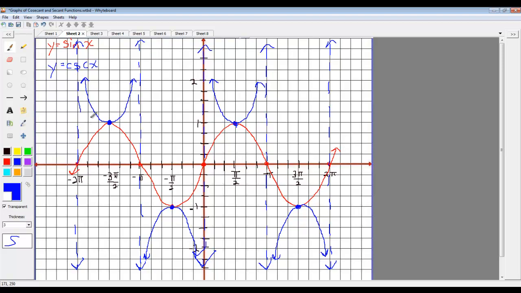The range, the y values, go anywhere from negative infinity up to negative 1, including negative 1, and from positive 1 up to infinity. They don't include the values between negative 1 and 1 for the range. But there's your cosecant graph. So as long as you've plotted some key points from your sine graph, you can quickly sketch the cosecant graph.